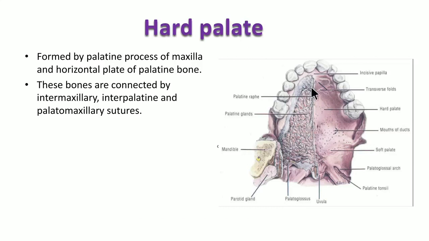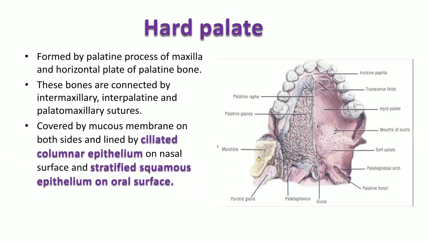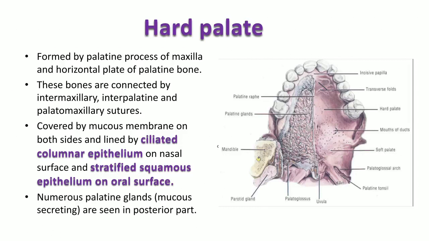Then the mucoperiosteum shows a midline raphe, a line extending in the midline, and from that raphe you can see numerous transverse folds extending. Then the oral surface of the mucous membrane is lined by stratified squamous non-keratinized epithelium, whereas the nasal surface of the mucous membrane is lined by ciliated columnar epithelium.